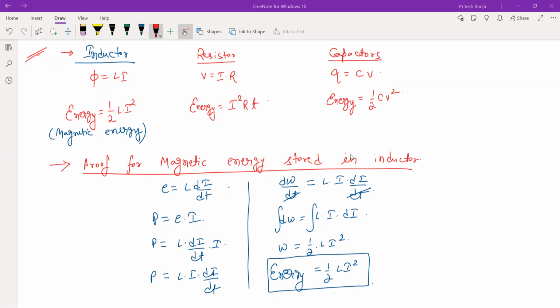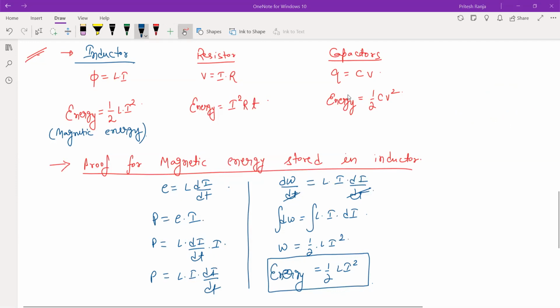So Abhiram, this is valid for an inductor. A solenoid is an inductor, we can see, because it is also coiled. Yes, Samya, you can hear me.